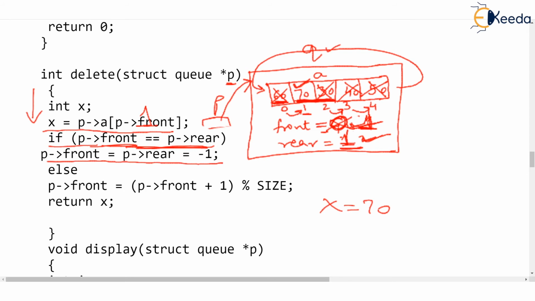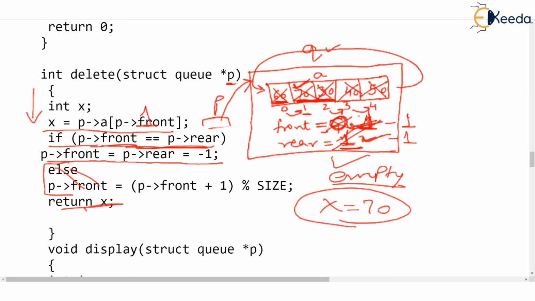So both front and rear become minus 1. Come on, if 70 is also getting deleted, then nothing remains in the queue. So you should make both of them minus 1. Of course, else will not execute since if was true, and we finally return 70. Now the queue is empty, isn't it? Queue has become empty.